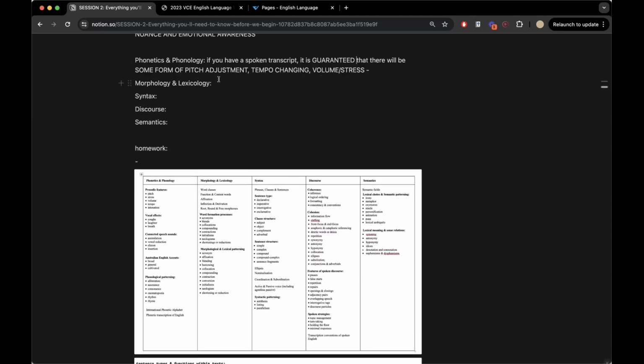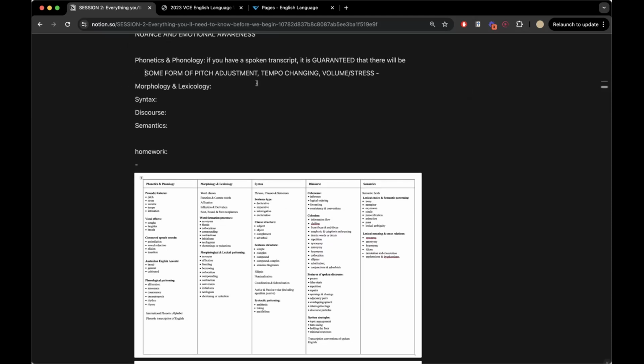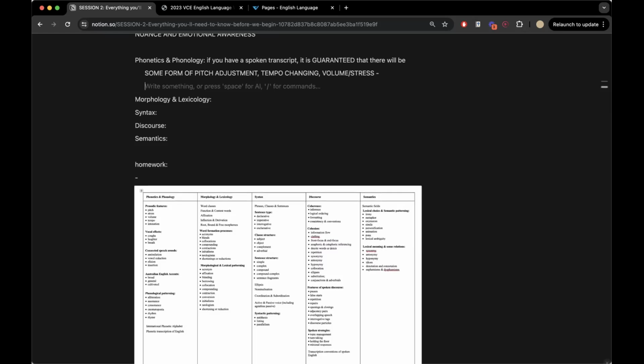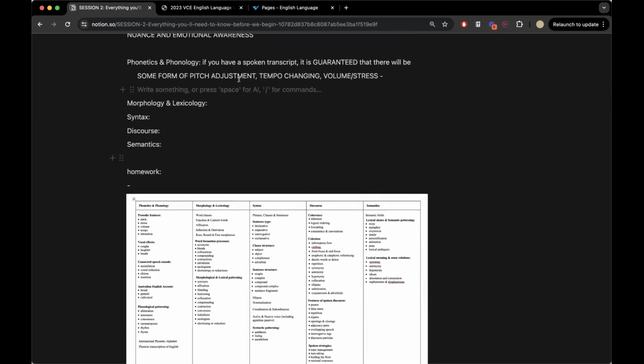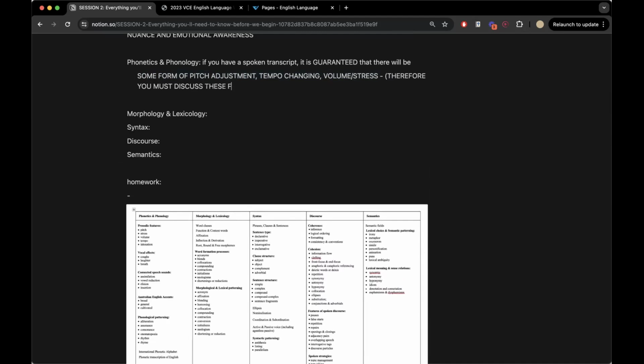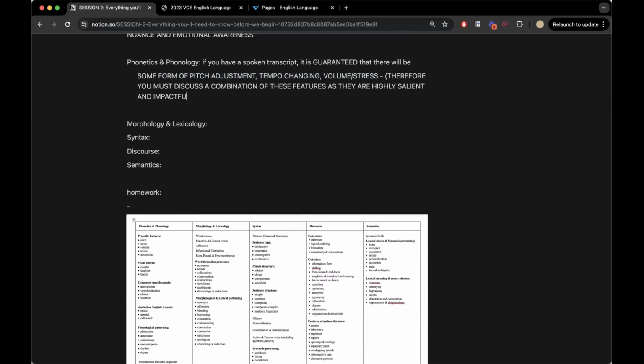It's not guaranteed that the rest will appear, but these you can look out for, and these are guaranteed. So you have to talk about it. Therefore, you must discuss a combination of these features as they are highly salient and impactful on the transcript's delivery, right?